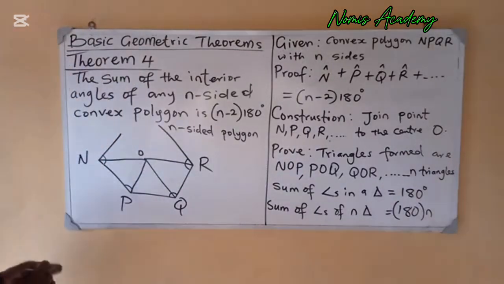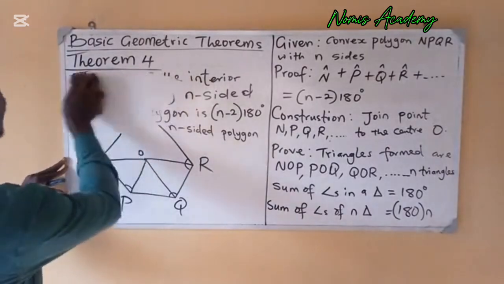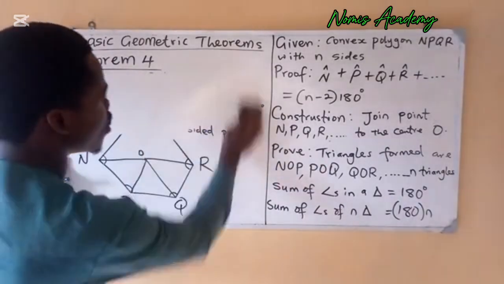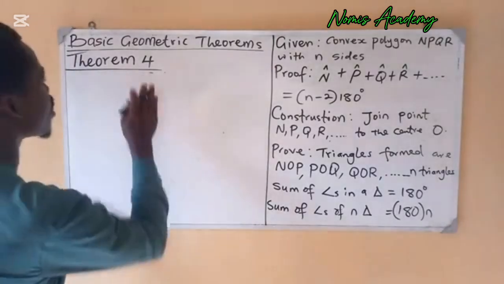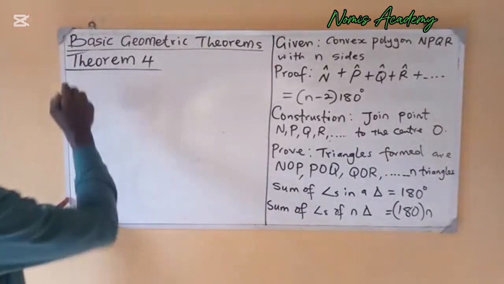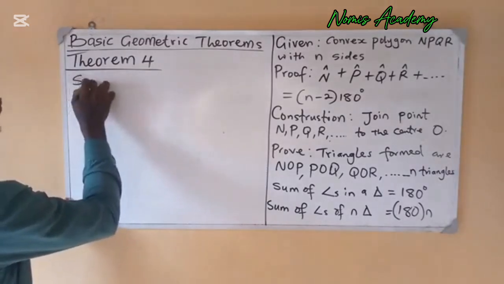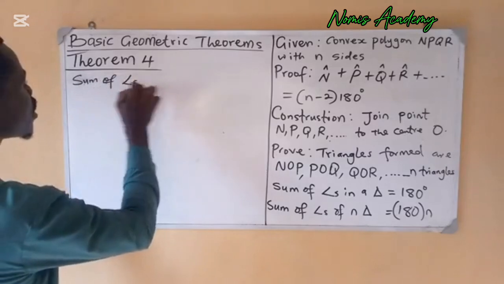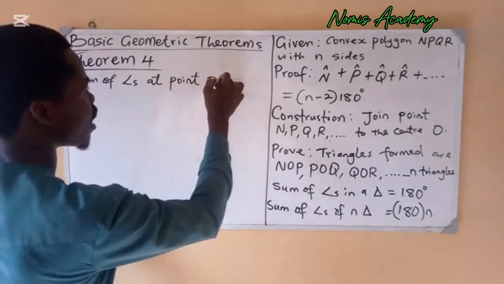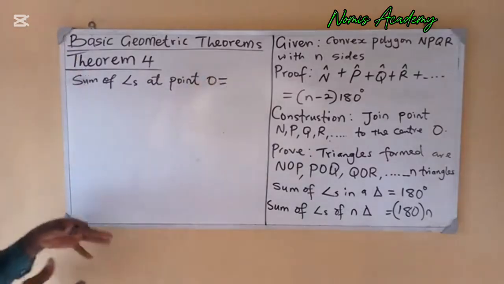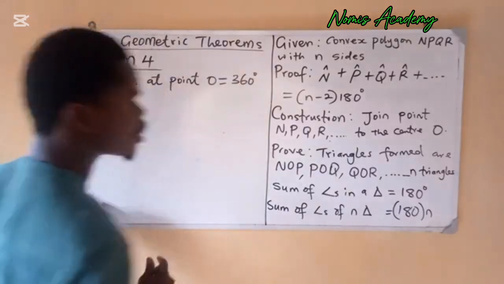All right, you remember the sum of angles at point O, which is the center of the polygon, is 360 degrees.